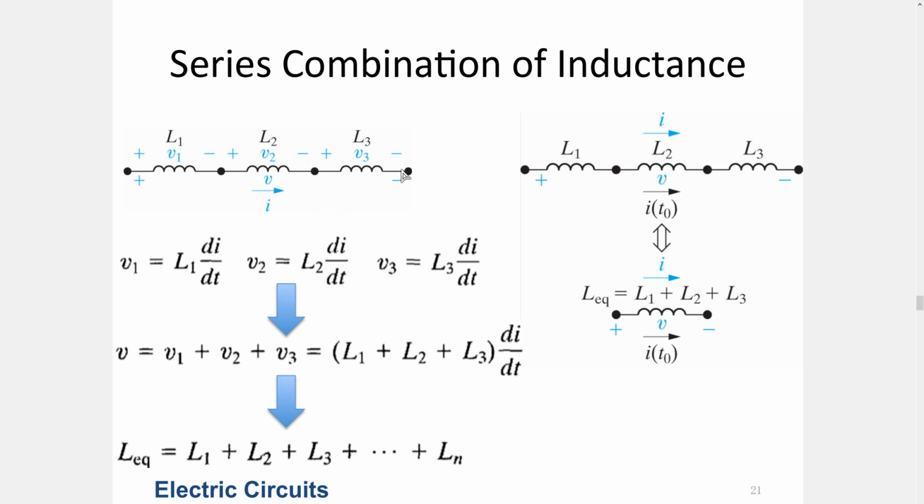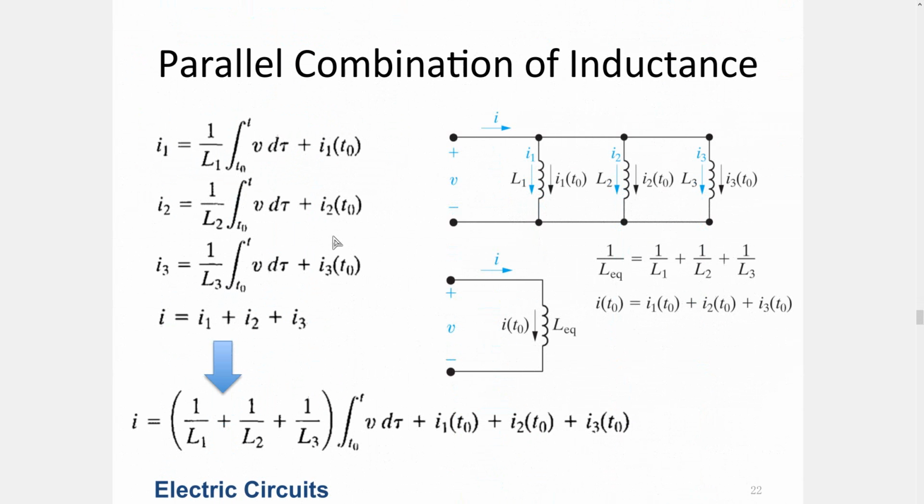Let's say you have n inductors connected in series, then you need to add all the inductances together, very similar to the case of resistors. So inductors are summed when we have a series connection. This is how we can compute an equivalent inductance out of series connected inductances.